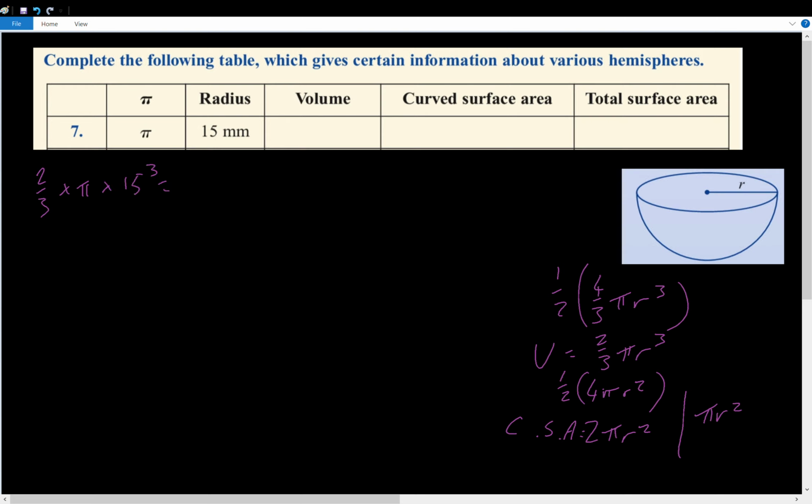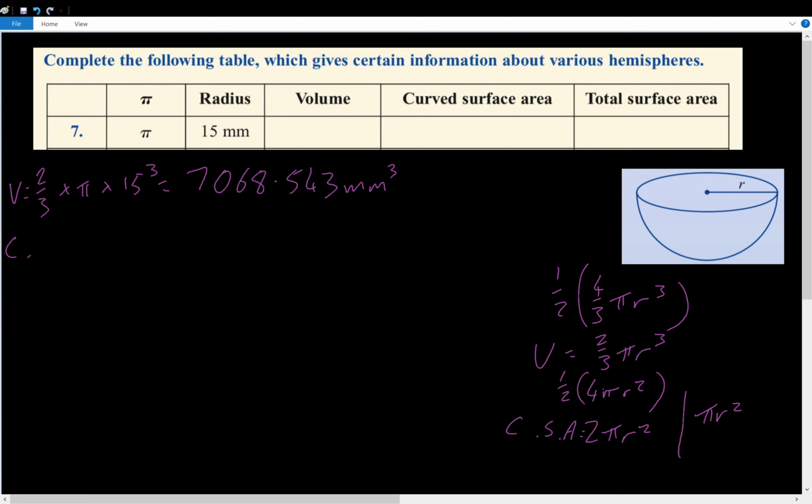When we put that straight into our calculator, we get 7,068.543, and that is going to be millimeters cubed. So that's our volume.